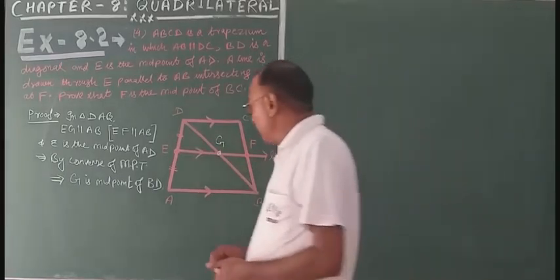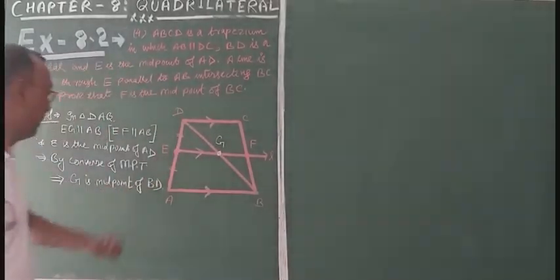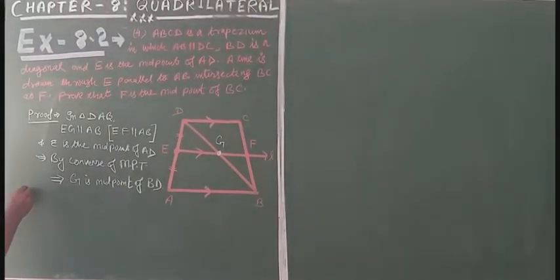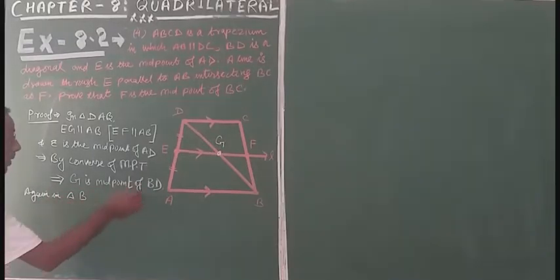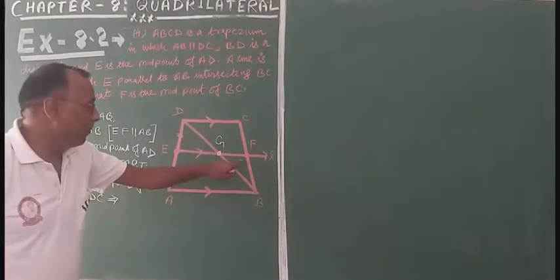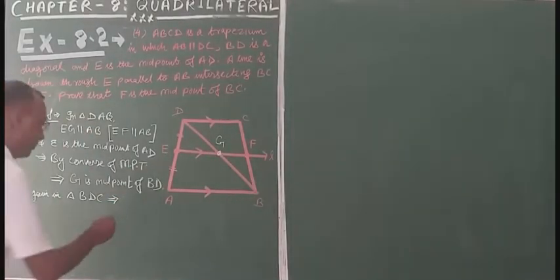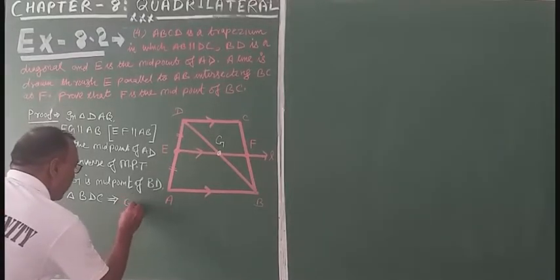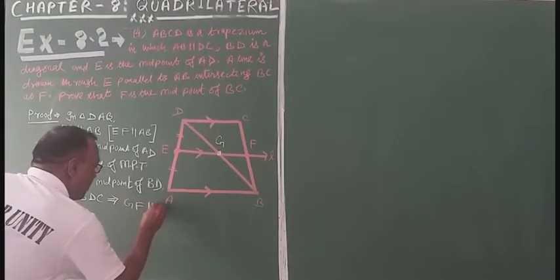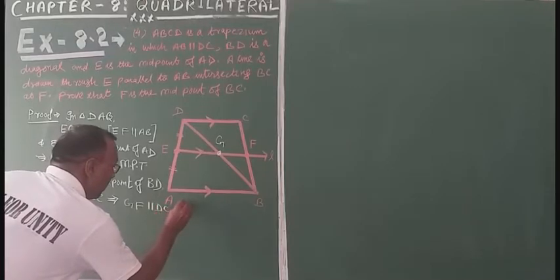Now again look, in triangle BDC, this GF is parallel to DC.